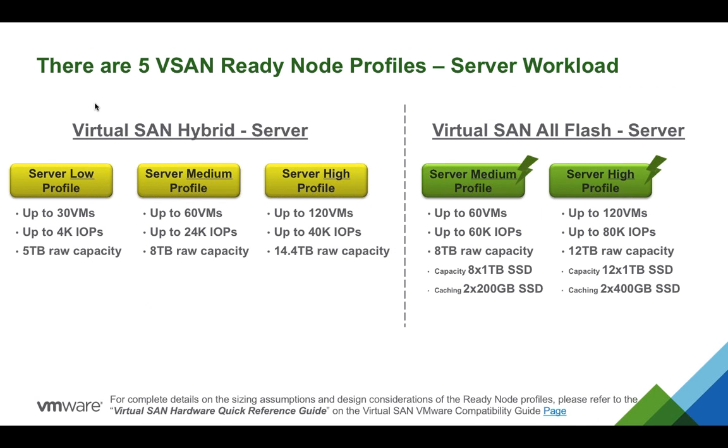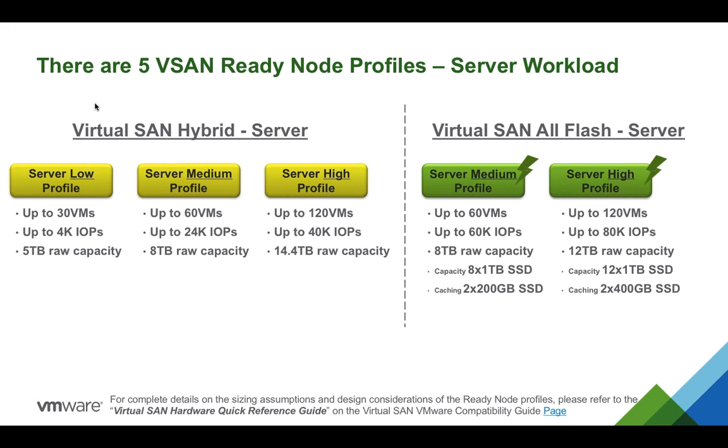As an example, when it comes to sizing these new virtual SAN architectures, whether it's going to be hybrid or flash, here are some intro profiles that you can consider for sizing the different types of configurations, whether it's going to be for VDI or for traditional server workloads.